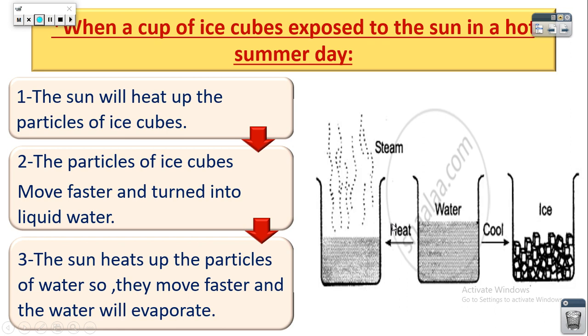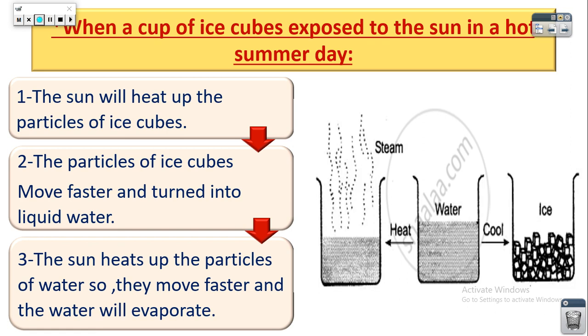Why? Because we increase the temperature, and when we increase the temperature, particles move very fast and the space between the particles increases. If we continue leaving the water in the very hot temperature on this hot summer day, the water will change into steam or water vapor, and this process is called evaporation.